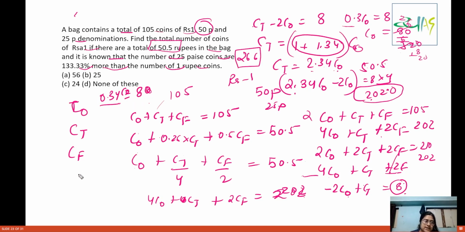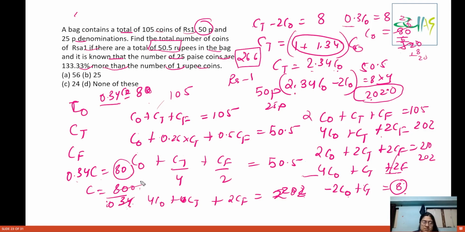You got this as 8 by 0.3, and this is 8. So what we can do here, this will be a little less. So divide this CO by 0.34, that is 800 by 34. Then whatever the answer you are getting, that will be the correct answer for you.